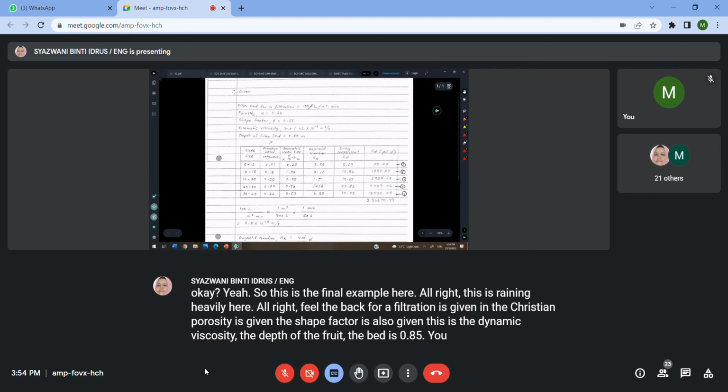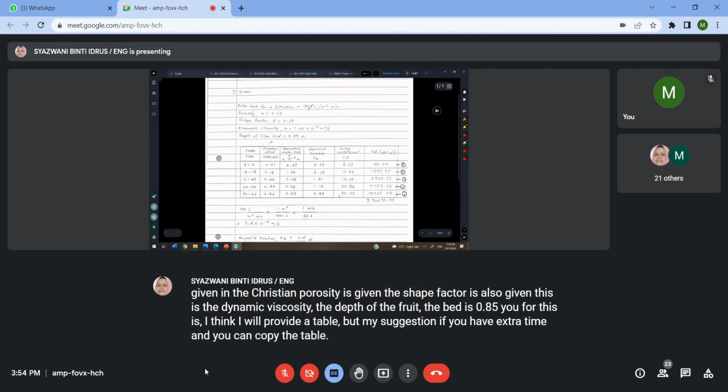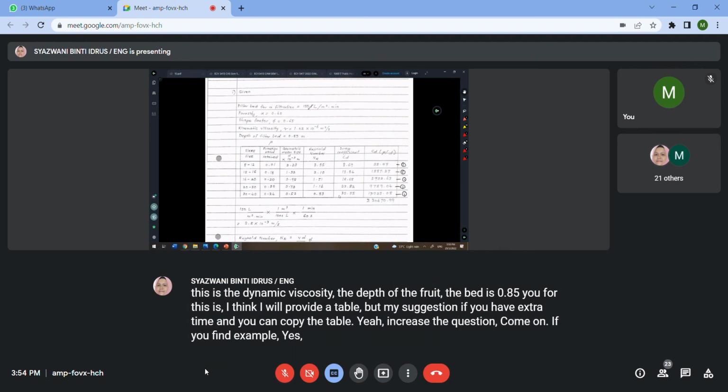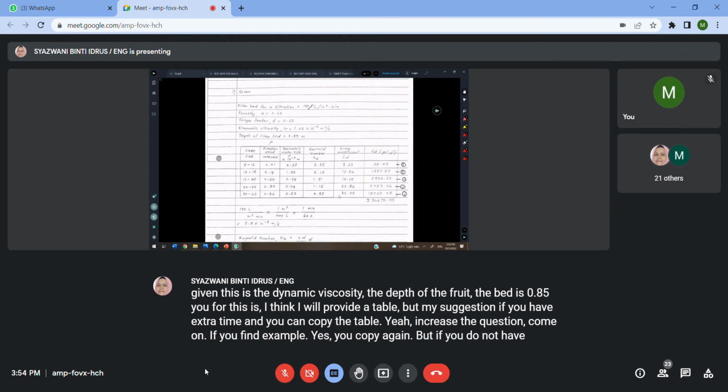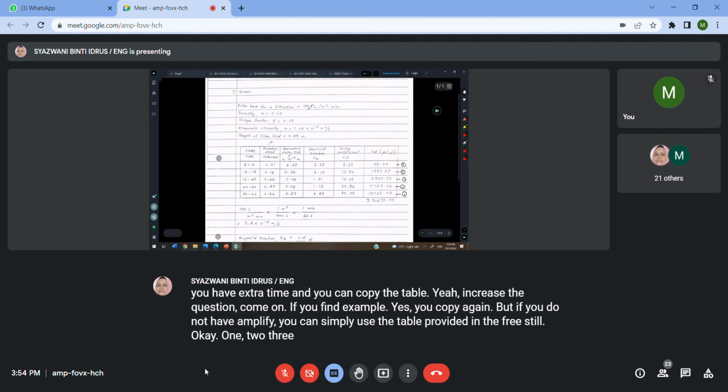I think I will provide the table, but my suggestion, if you have extra time, is to copy the table, in case the question comes out in the final exam or test. But if you do not have ample time, you can simply use the table provided in the question. Columns 1, 2, 3 are provided to you.